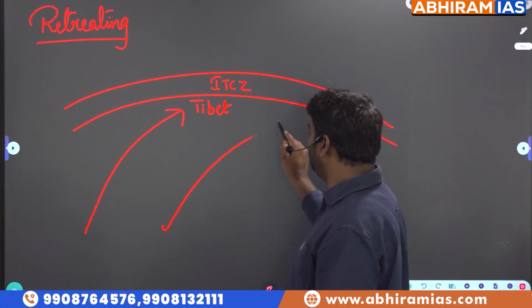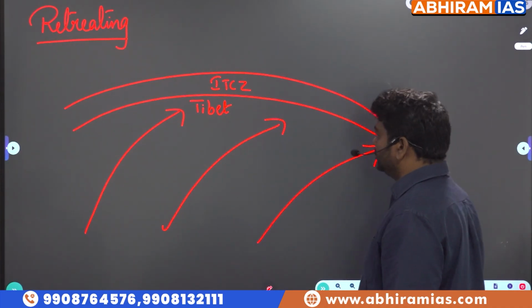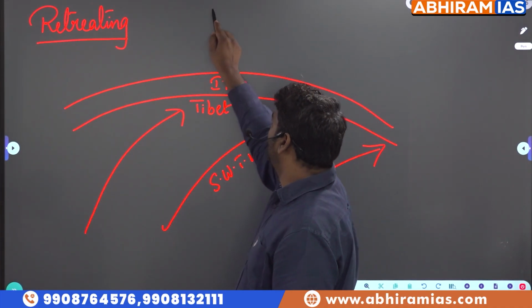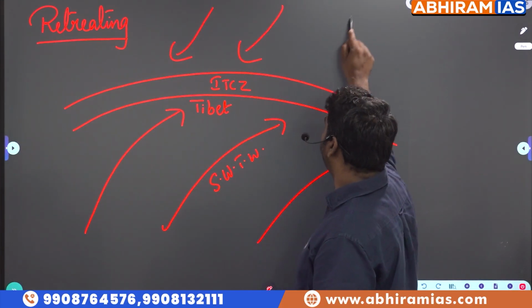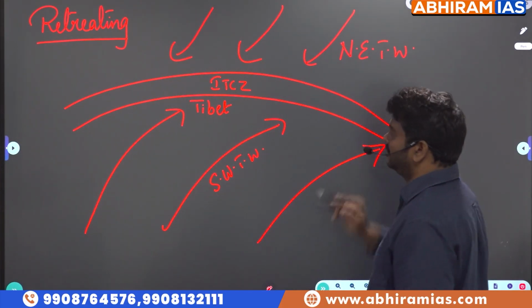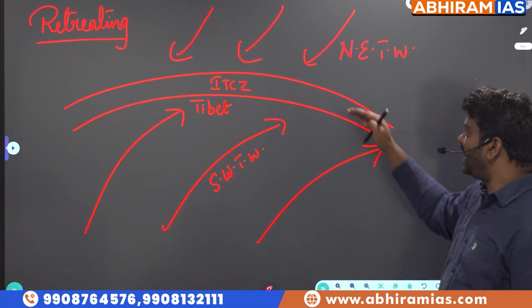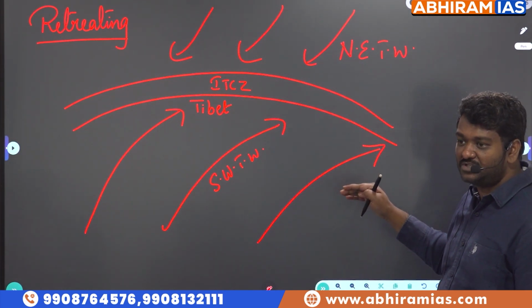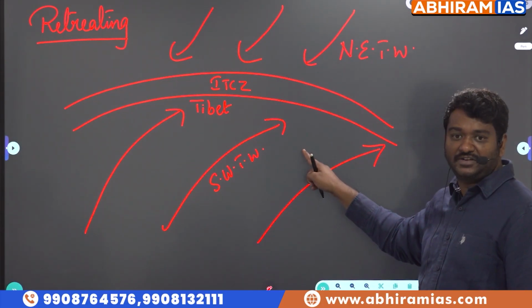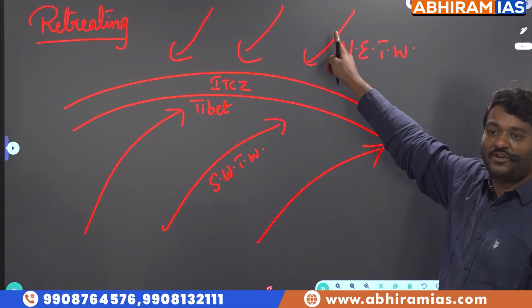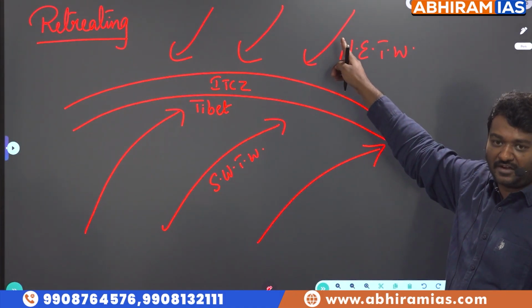Below Tibet, which winds are present? What are these winds called? Southwest trade winds. Above Tibet, which winds are there? Northeast trade winds. Can we say as ITCZ shifts, what is going to happen? Which winds are replaced with which winds? Southwest trade winds are replaced by northeast trade winds. Are they coming from land to sea or sea to land?